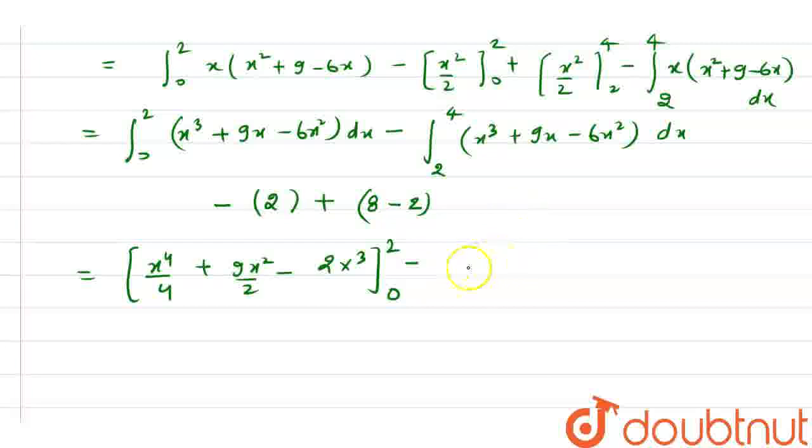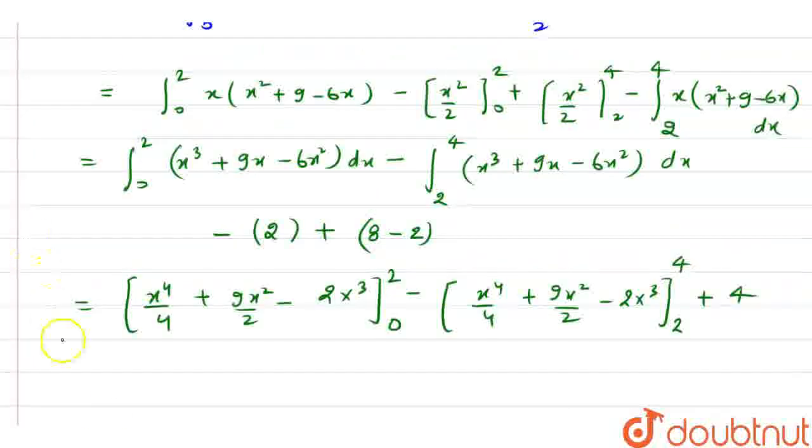Same for this side, x to the power 4 by 4 plus 9x square by 2 minus 2x cube with limit 2 to 4. And here we have minus 2, minus 2, minus 4, minus 4 plus 8, that is plus 4, right?